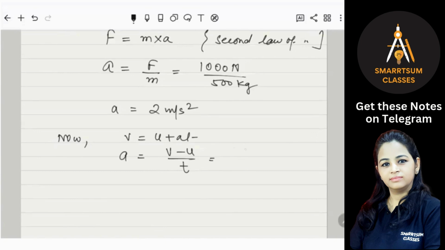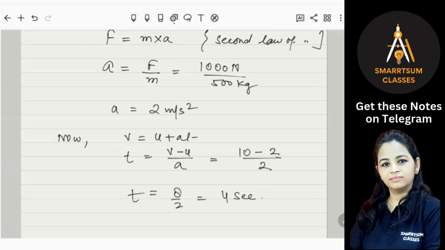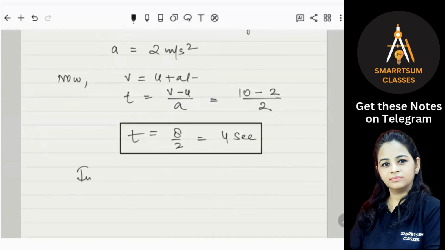Write down: final velocity is 10 meter per second, 10 minus initial velocity 2, upon acceleration, which is 2 meter per second square. So this is 8 upon 2, and this is equal to 4 seconds. This is how we get the time elapsed to change the velocity from 2 meter per second to 10 meter per second. Now we have to find the impulse, the second part of the question.